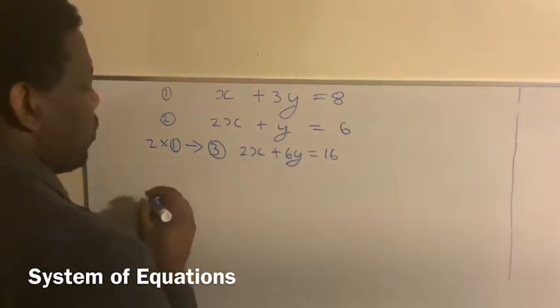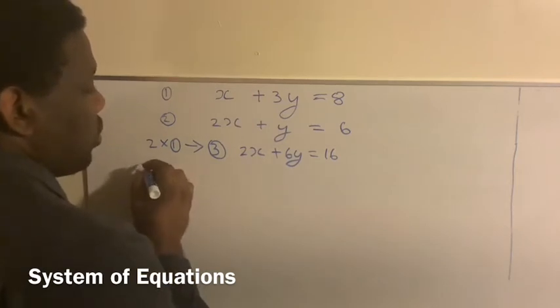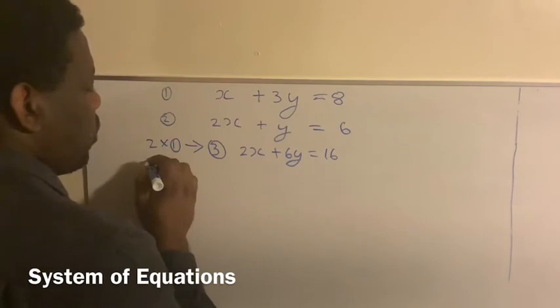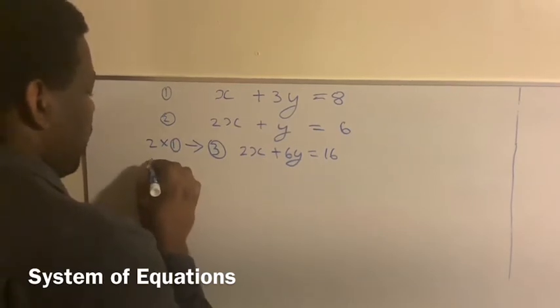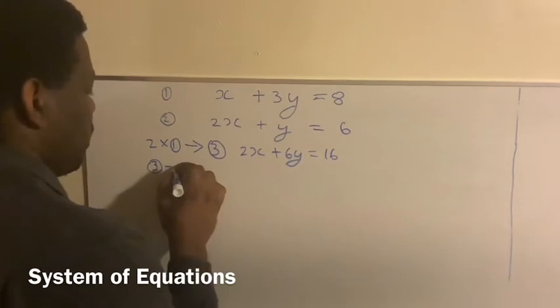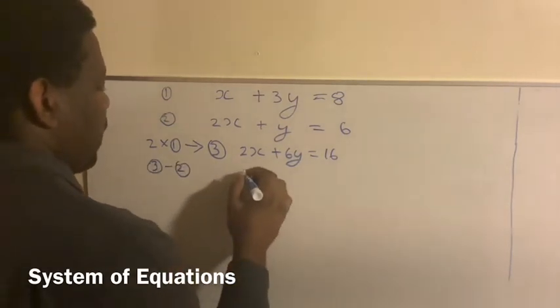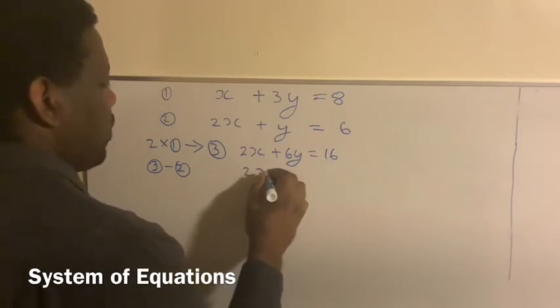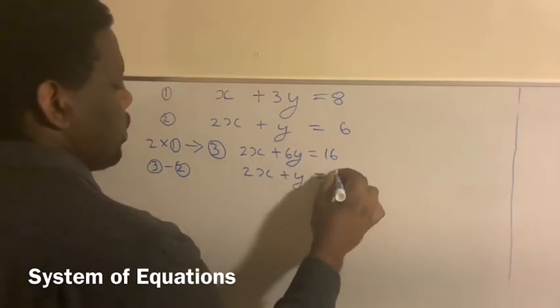Now we are going to subtract equation 2 from equation 3. Equation 3 subtract equation 2. So let's write equation 2 below. 2x plus y is equal to 6.